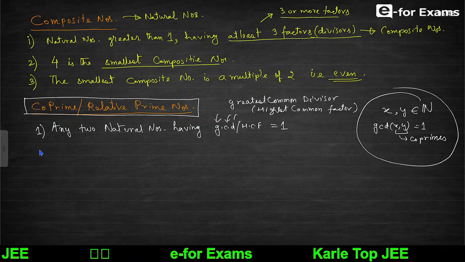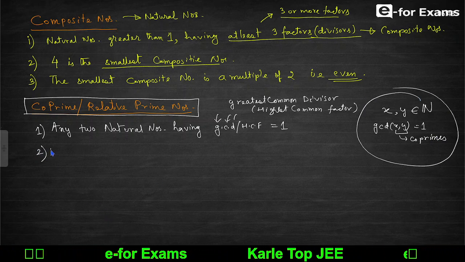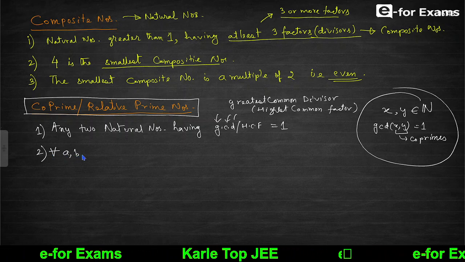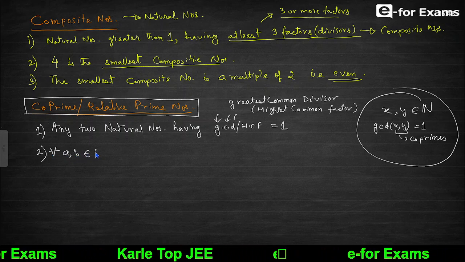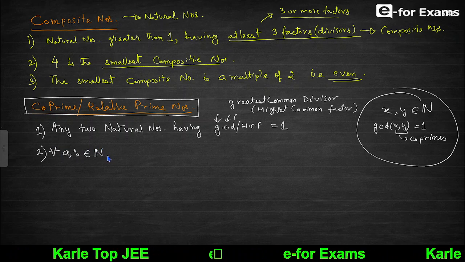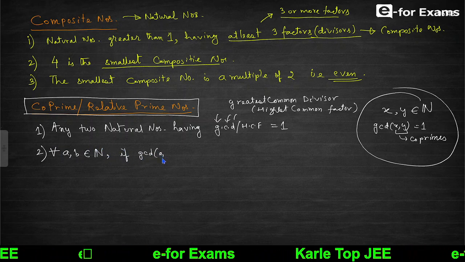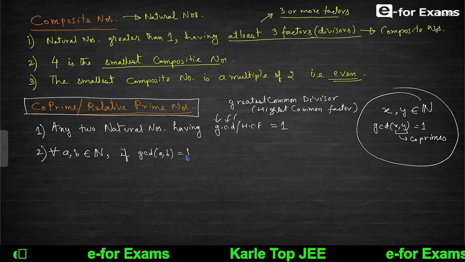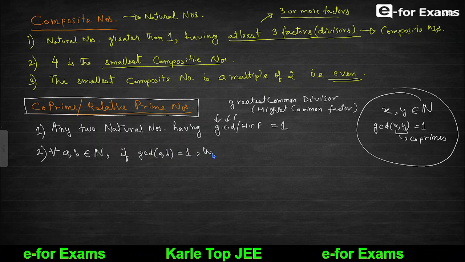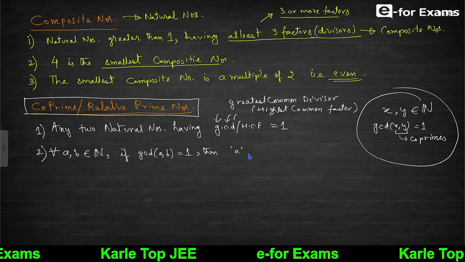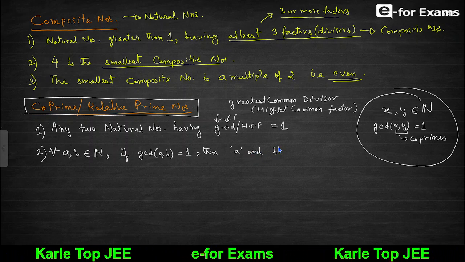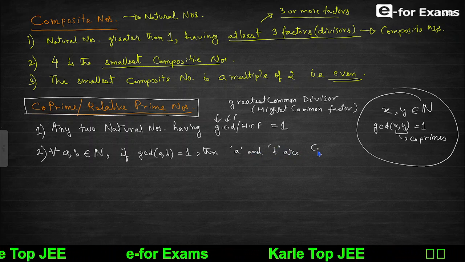Okay. Or point number 2, for all A, B belonging to natural numbers, if GCD of A, B equal to 1, then A and B are coprimes.